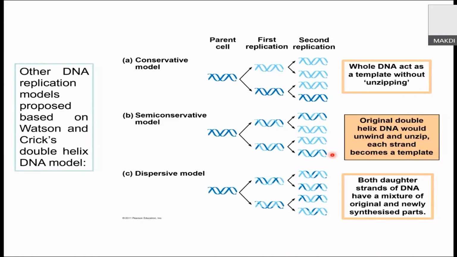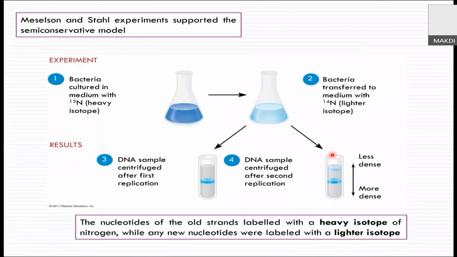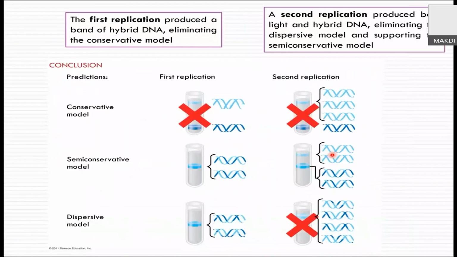Actually, it's quite similar to a zip, like the zip on your trousers or your jacket. Okay, so the semi-conservative model. The other models are cancelled because of the Meselson and Stahl experiment. They proved the semi-conservative model.